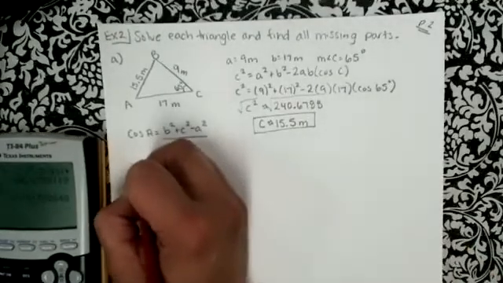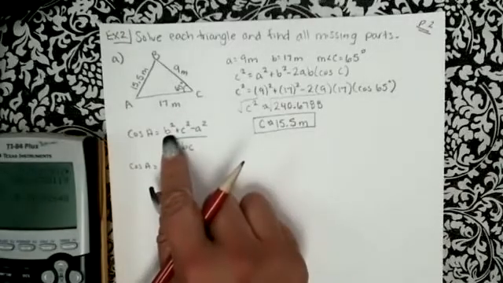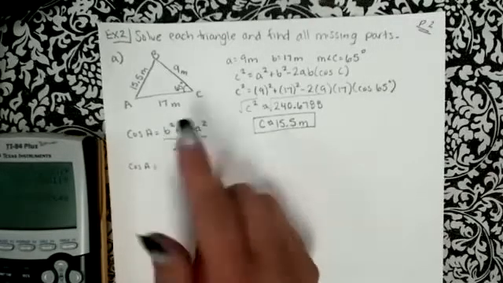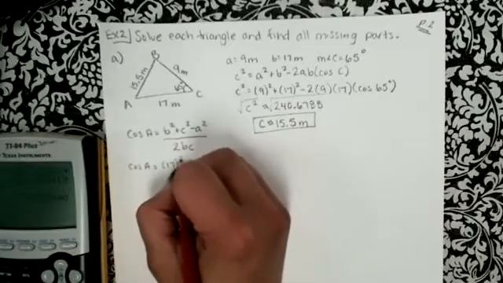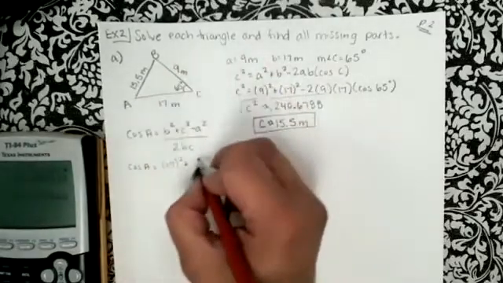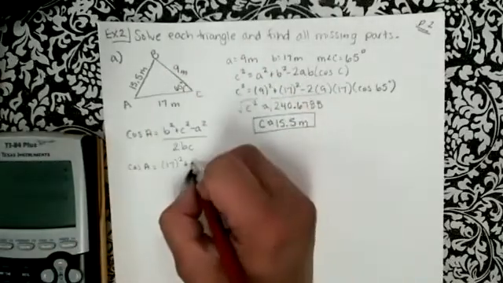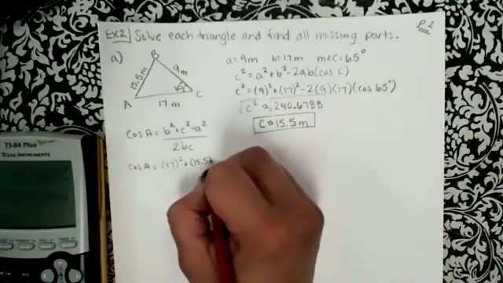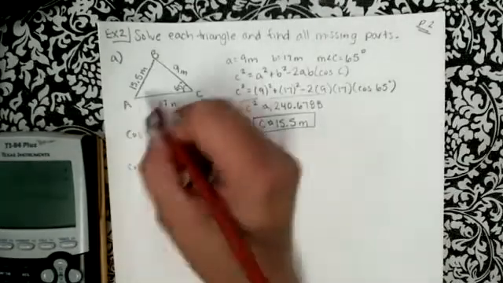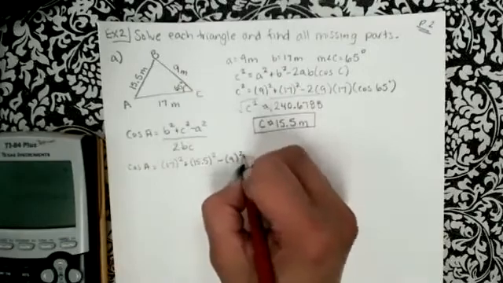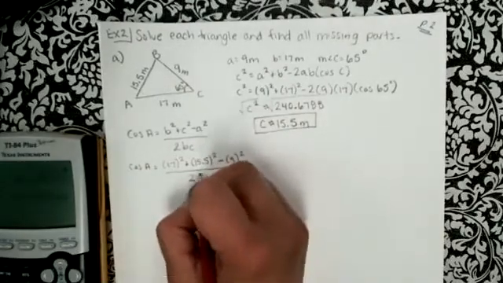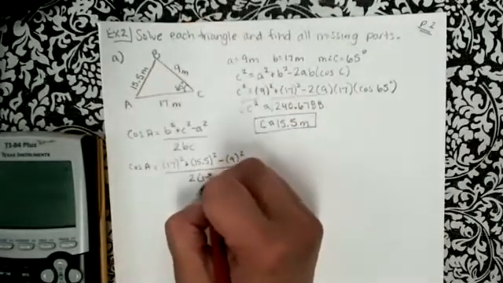So here I have the cosine of A, which I don't know. B is the number 17. C is 15.5, which I just found out, minus A, which is 9, divided by 2BC.